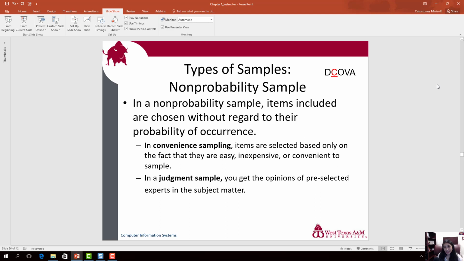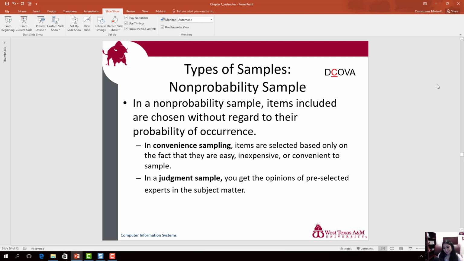The problem with these non-probability samples is that you may not get an accurate picture of what you're trying to study. For example, if I'm standing at the grocery store trying to see what shoppers' views are on the store, I'm leaving out those people who don't even come to the store, right? We don't get any of their views. Also, with the judgment sample and letters of recommendation, I'm only getting letters from professors that like you, right?